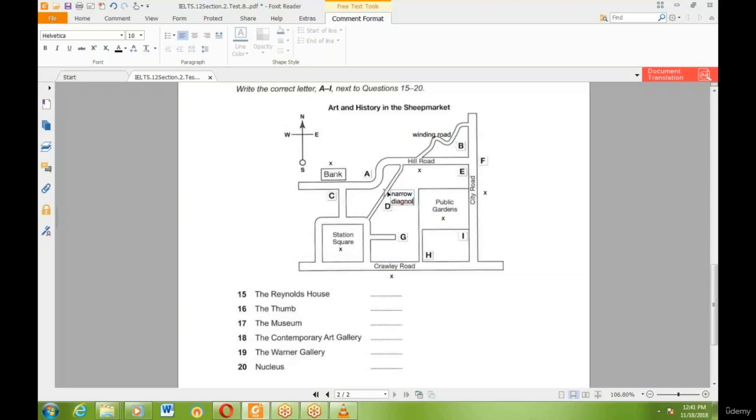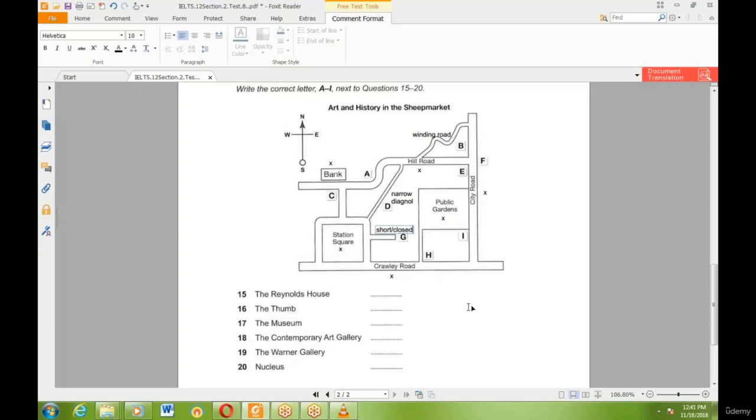It runs at a diagonal, all right? It's narrow or small. Now this little road right here above G, how would you describe that road, the one that's going from G? Closed, right? So dead end, exactly.